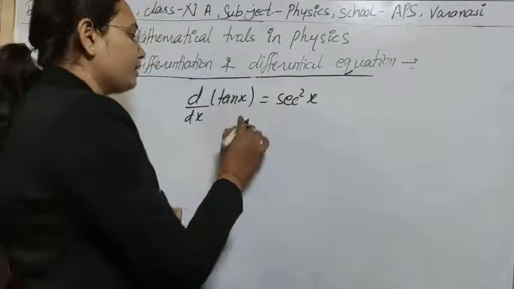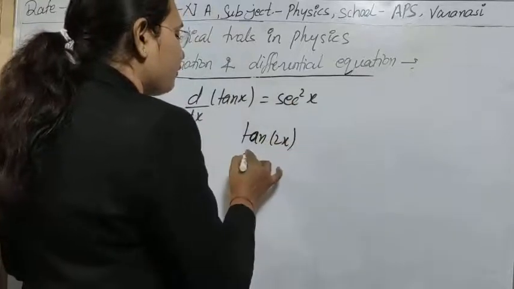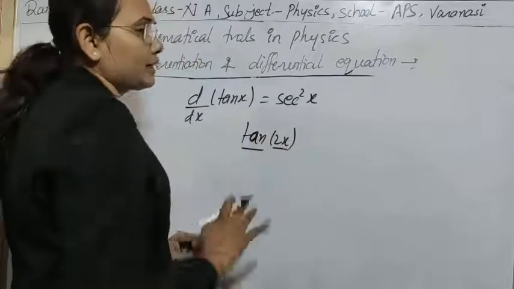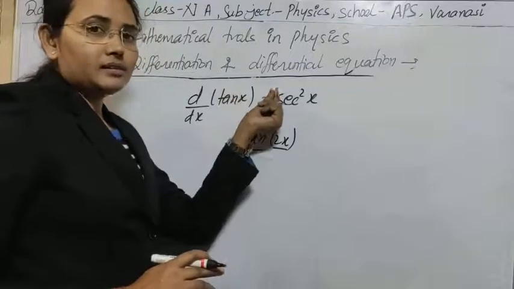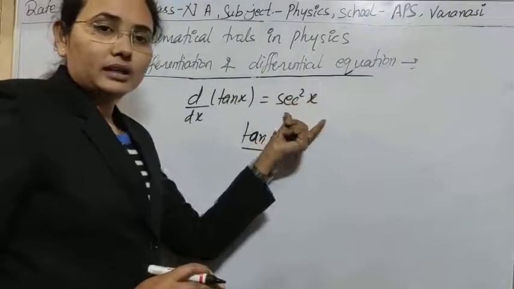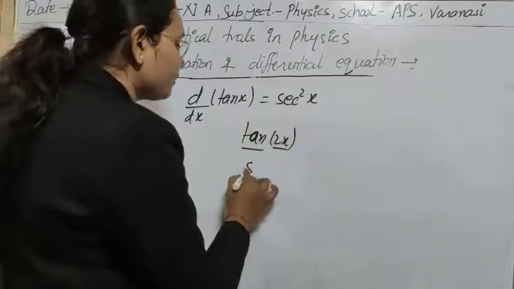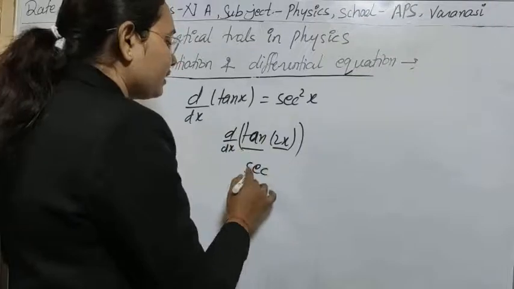Suppose we have to differentiate tan 2x. There are two parts to this function: one is tan, the second is 2x. The differentiation of tan is sec square, so you differentiate this portion first. With respect to x, the differentiation of tan 2x gives sec square 2x, and after differentiating the first function, you have to differentiate the second function.